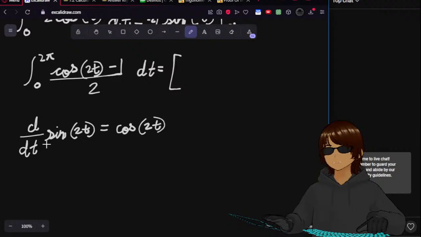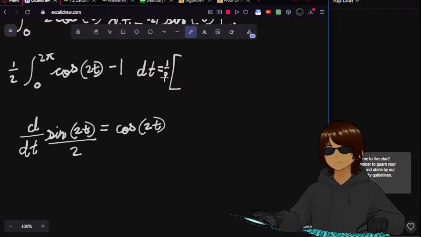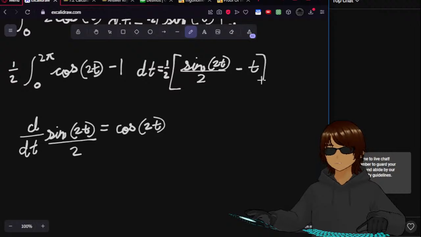So then I can do this. Sine 2t over 2 minus t.